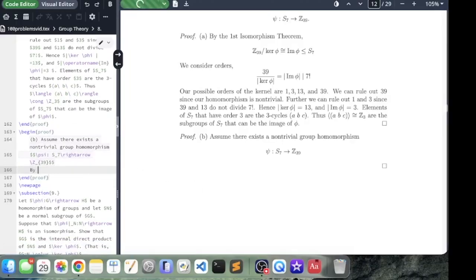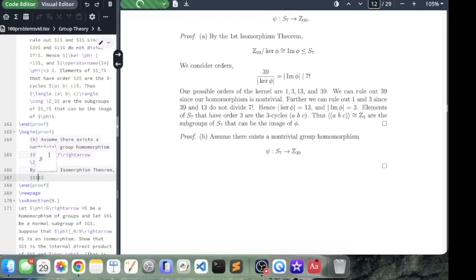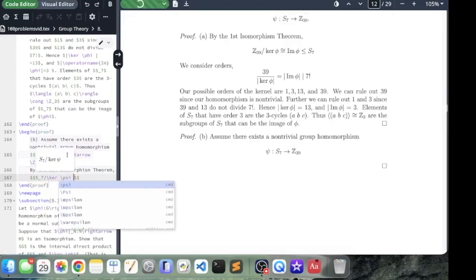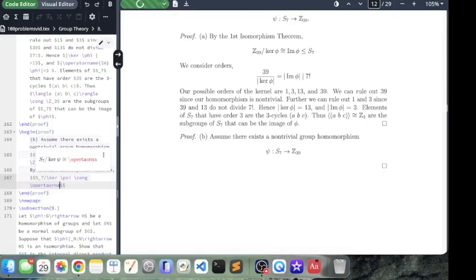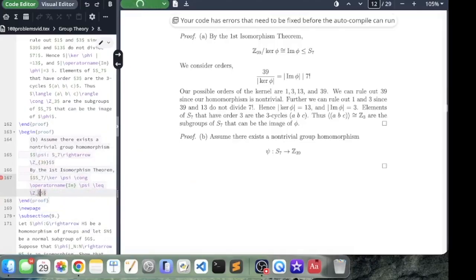By the first isomorphism theorem, we have that S7 modded out with the kernel of psi is isomorphic to the image of psi, which is a subgroup of Z39.